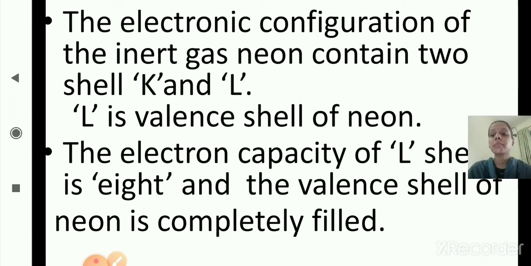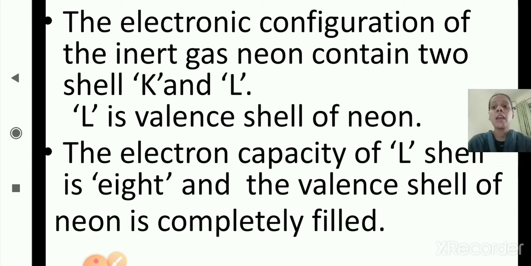Now the electron capacity of L shell is 8 and the valence shell of neon is completely filled. In the neon atom, in the L shell there are 8 electrons, which means the valence shell or the outermost shell is completely filled.